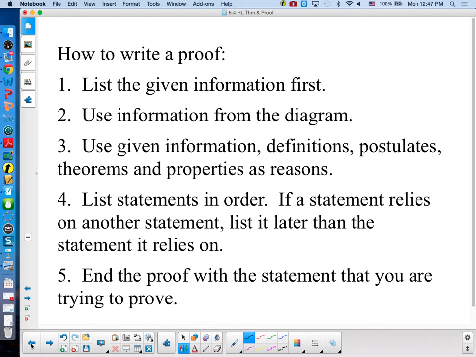We're going to do these 5 proofs that are on your sample sheet. If you would rather copy them into your own notes instead of having that typed sheet, that is up to you.